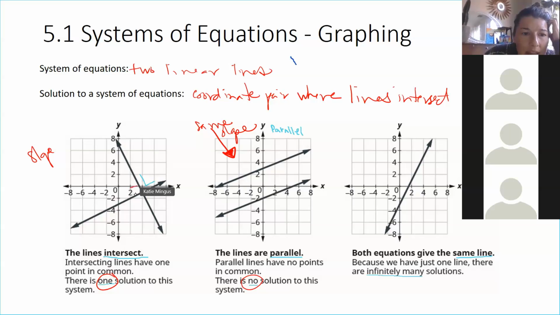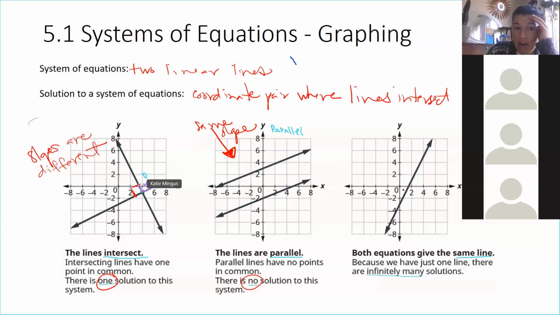Now, they don't have to be negative reciprocals in order for them to intersect. Anytime you have two lines where your slopes are different, they will intersect somewhere. So in order to have one solution, you need two lines with different slopes.